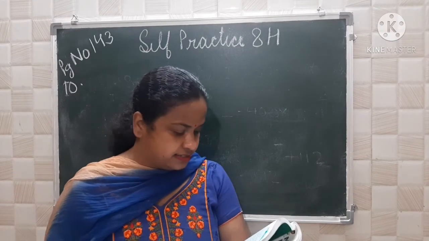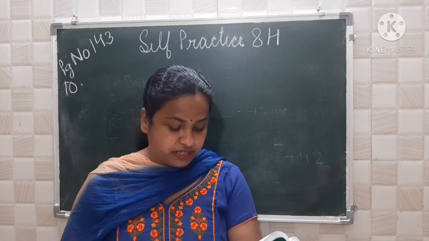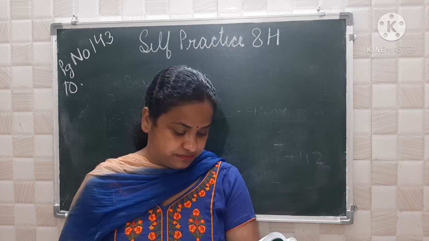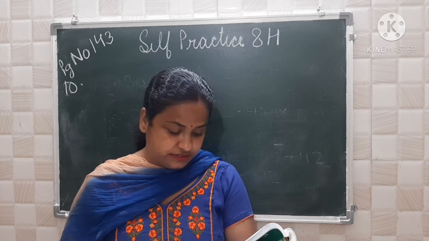On a certain sum, the simple interest at the end of 6 1 by 4 years becomes 3 by 8 of the sum. Find the rate of interest.